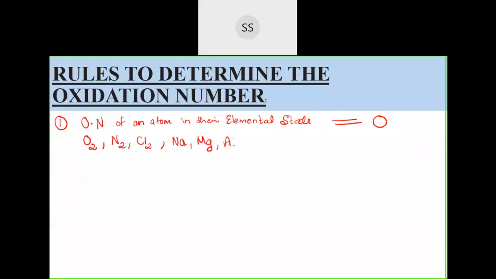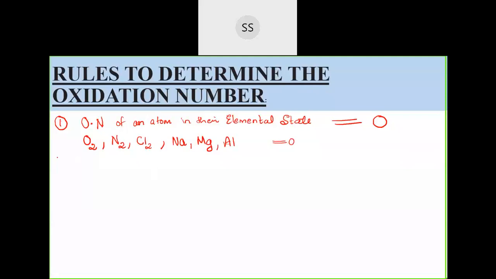These are elemental states. So whenever you see the elemental state, the oxidation number is always zero. All of these carry zero oxidation charge. If I ask the oxidation state of oxygen, you should say it's zero. Sodium metal, zero. That is the first rule.